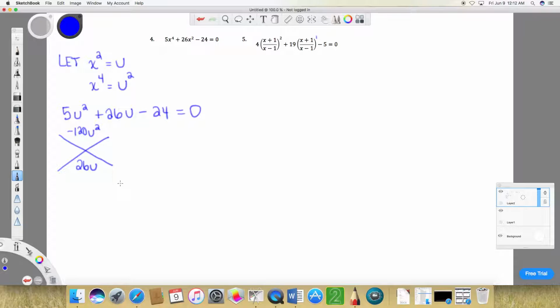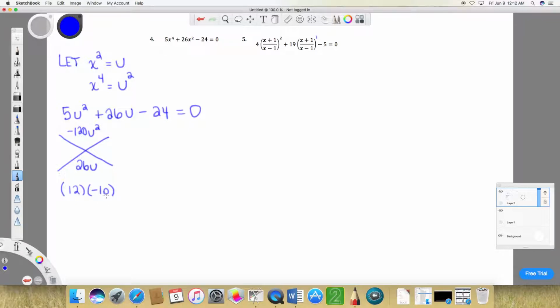So I'm going to want the larger of these two numbers to be positive. All right, if we try something like 12 and negative 10, that multiplies to negative 120, but doesn't add up to 26. It only adds up to 2.